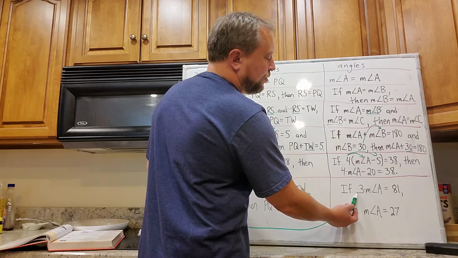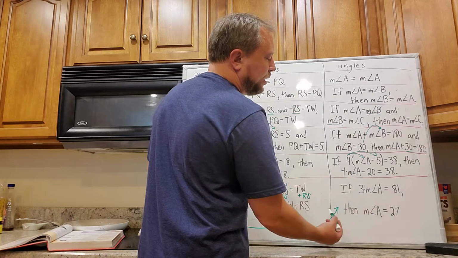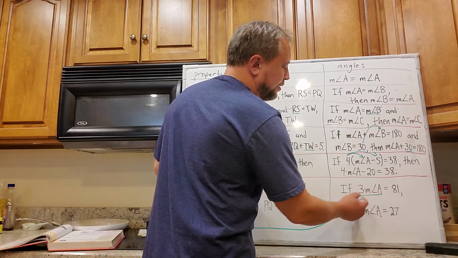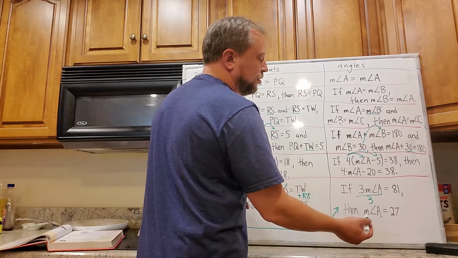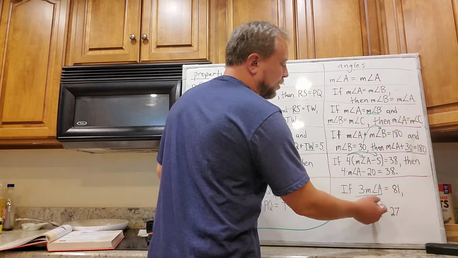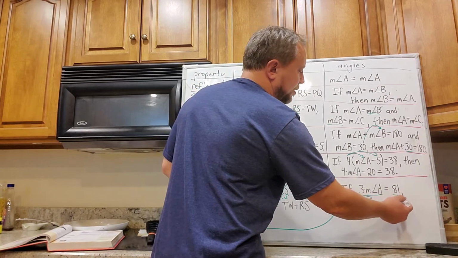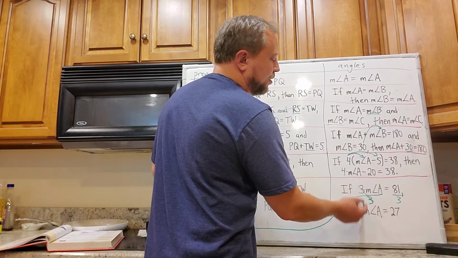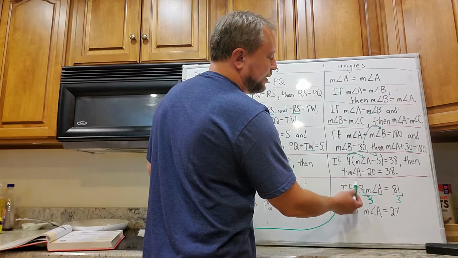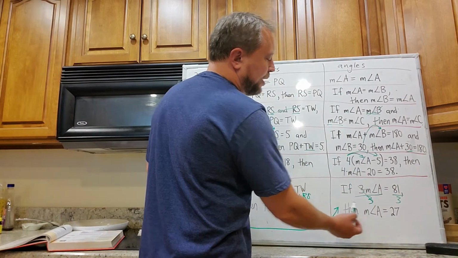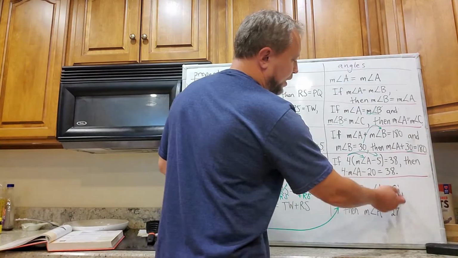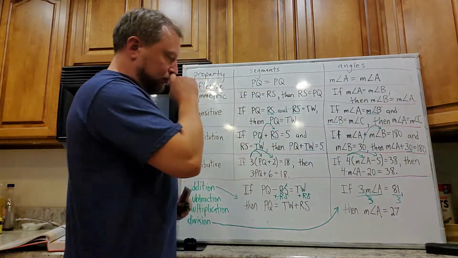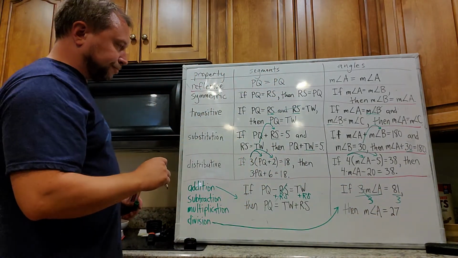So I get rid of the 3 that's currently being multiplied by, you guessed it, dividing. You do the opposite, you divide. And whatever I do to one side, I have to do the other. So over here, the whole point of dividing was so that these cancel. I wanted to get the A by itself. And then over here, 81 divided by 3 is 27.